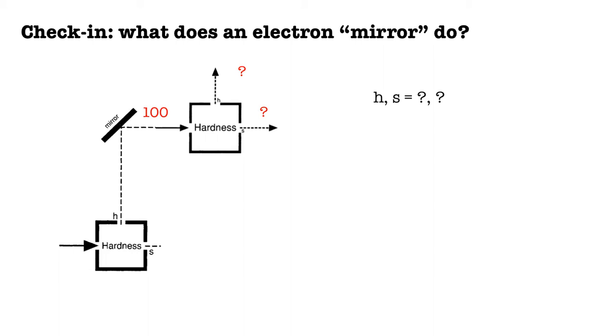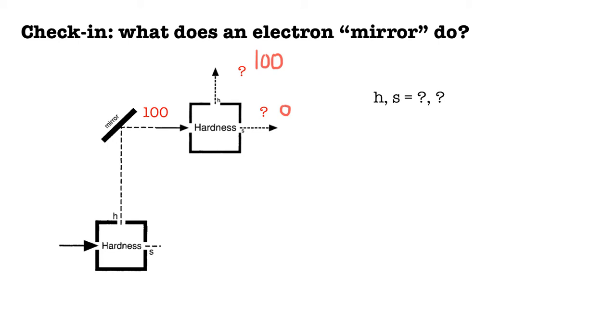So if we know that the electron exited the H port of the first hardness box, then we are guaranteed that this electron will exit the H port of the second hardness box. So the distribution of values will be 100 and 0. In other words, the mirror is just there to redirect the particles, but it does not change the state of those electrons.